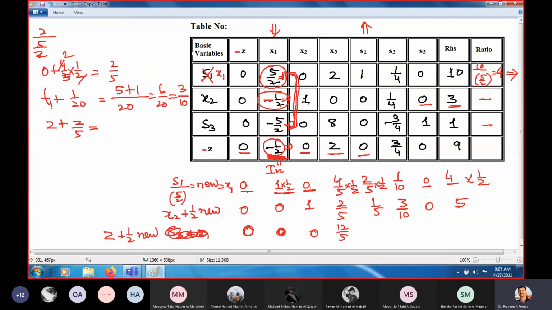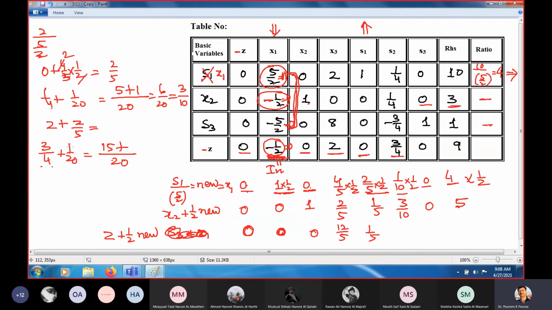Okay, 0 plus 1 by 5. And it is 3 by 4 plus 1 by 20. 20 is the LCM. 20 by 4, 5. 5 times 3, 15.